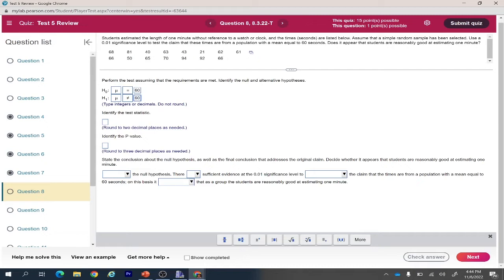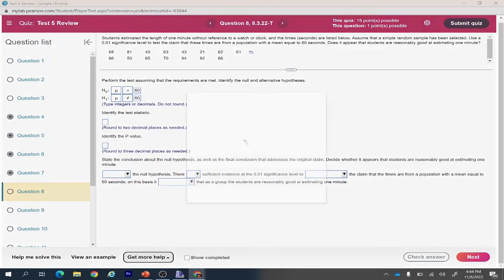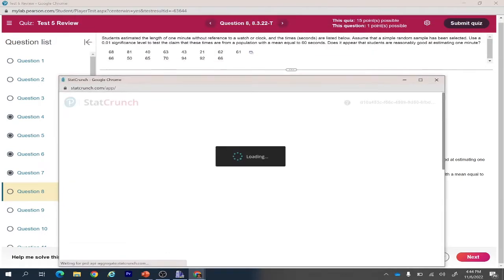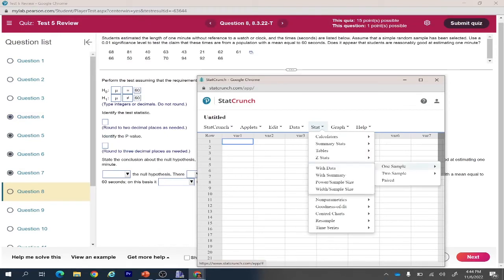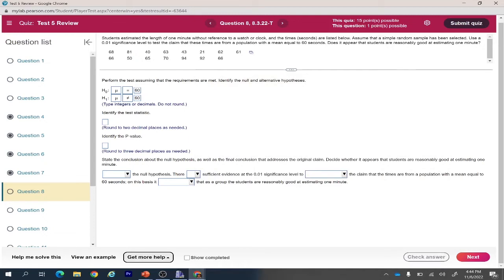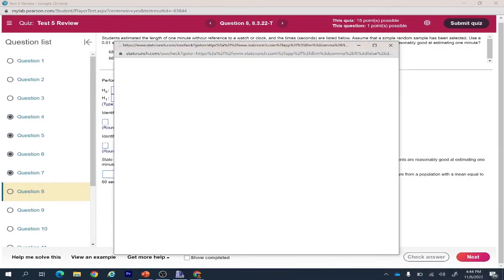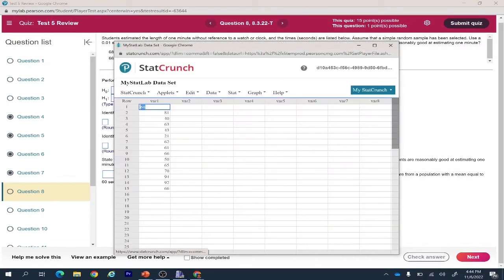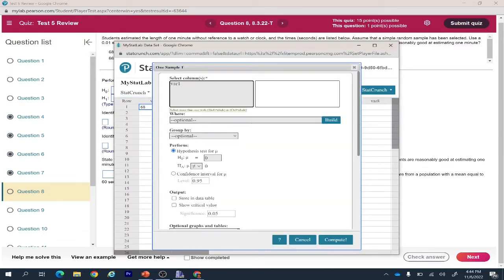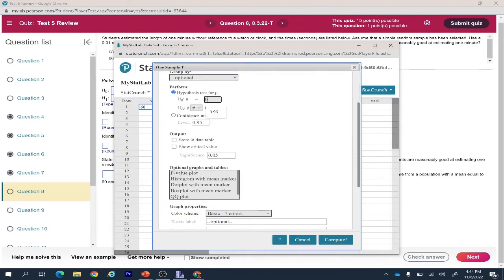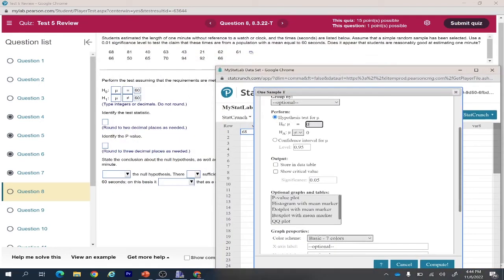Now, the test statistic can be found by using StatCrunch. If you open StatCrunch and go to t-test with one sample with the data. In this case, the data is given. You can always open the data in StatCrunch and use that data for finding the test statistic with one sample with data. Data is coming from variable 1, and as you can see here, the mu value is equal to 60.